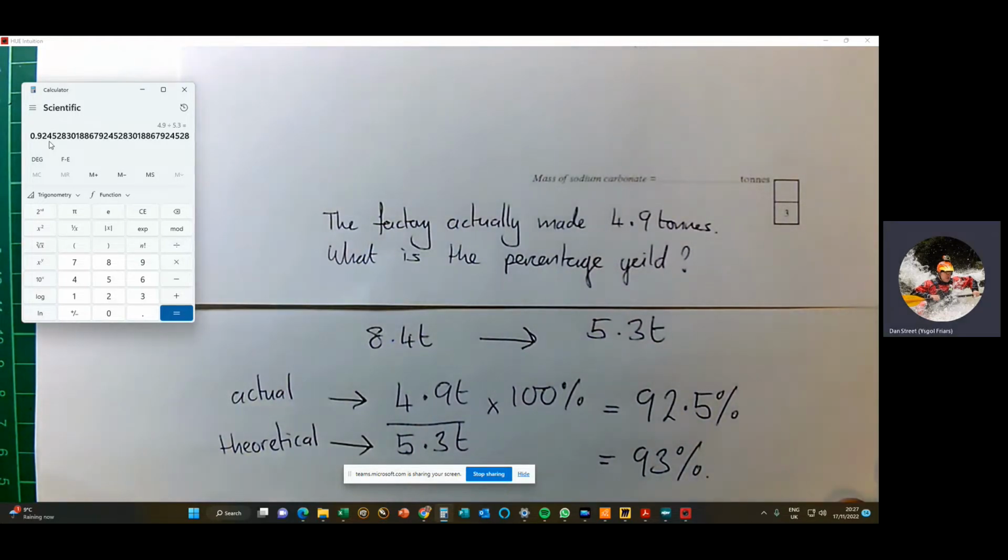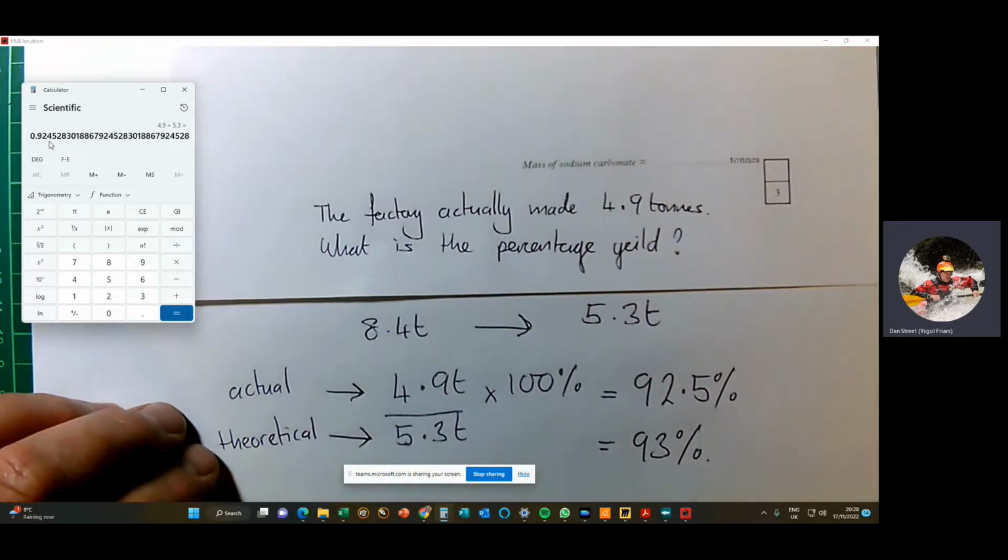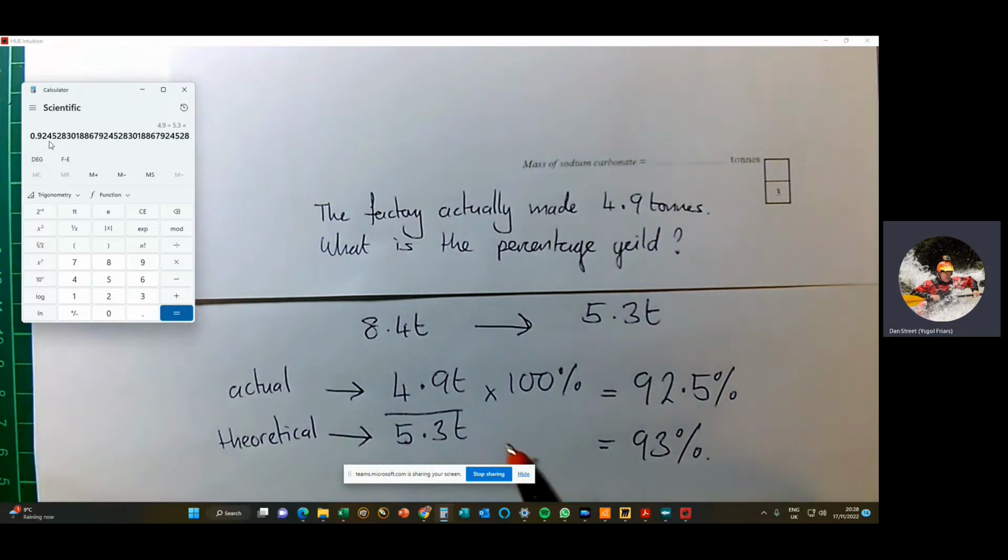Actually, that's quite high. Okay, right. So that's a percentage yield calculation. So you simply divide what you actually get in the real world by what you could get if this was a perfect reaction, and times it by 100, and you'll know you've got a potentially correct answer if you've got a yield of less than 100%. Okay.